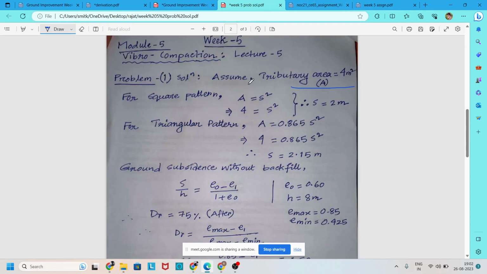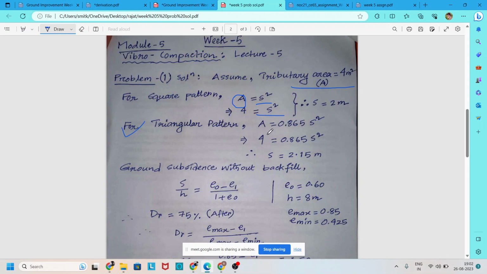For square pattern, the influence area is nothing but the spacing squared, and we replace this influence area, also called the tributary area, by 4 meter square. We easily find out that the spacing for square pattern is 2 meter.